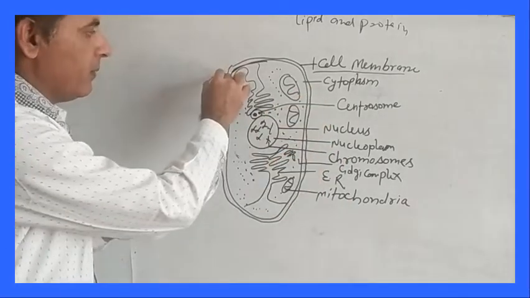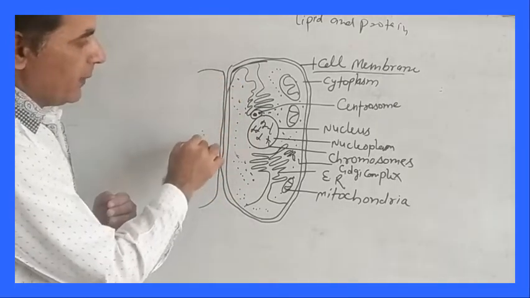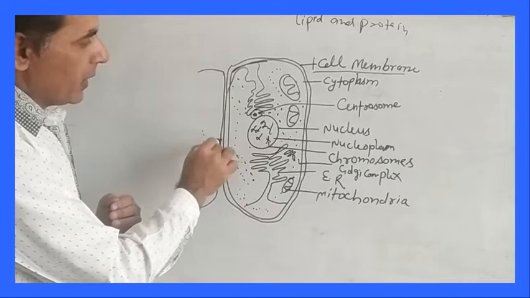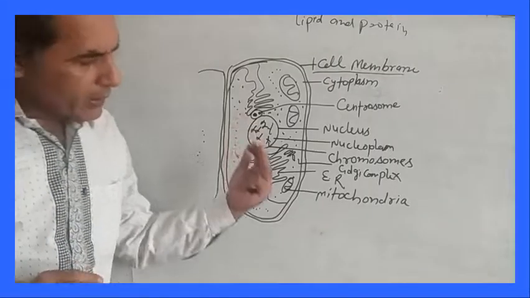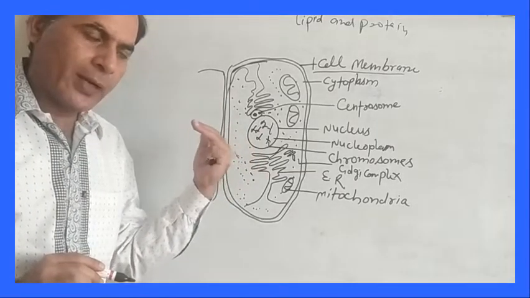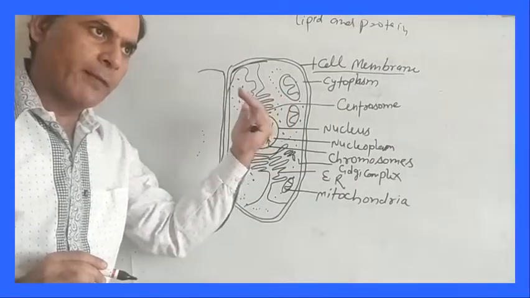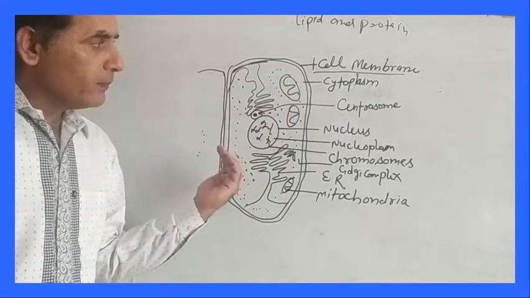Suppose one more cell is here, the environment of this cell and that cell is separated by the cell membrane. And it also regulates the movement of ions from one cell to another cell, or from the outer environment to the inner environment.